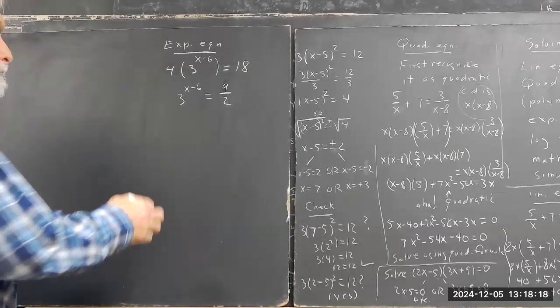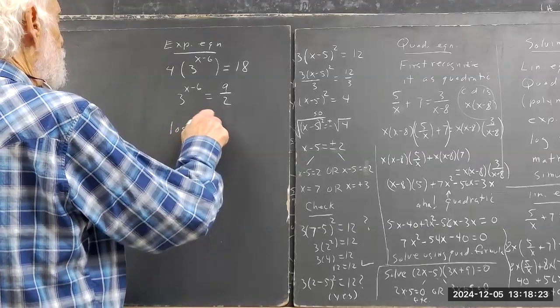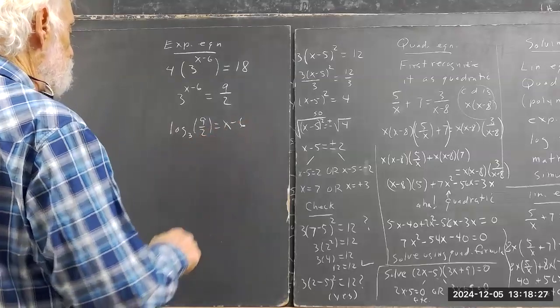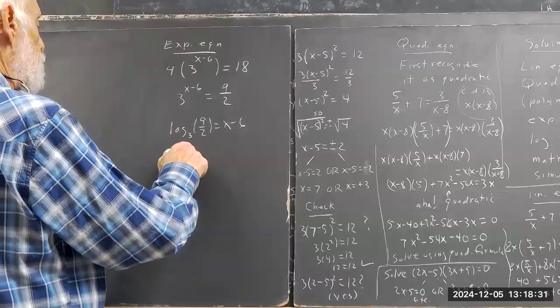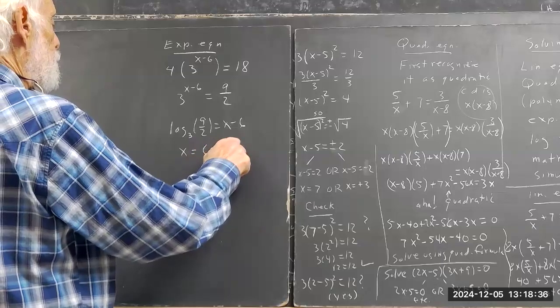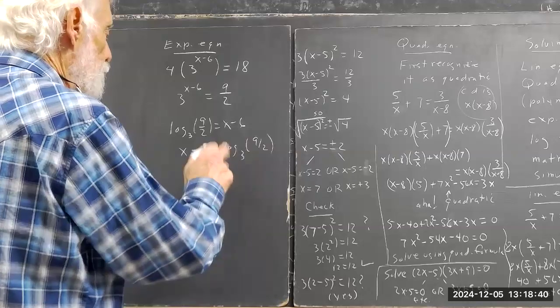And now we change this to logarithmic form. We get log base 3 of 9/2 equals x minus 6. So x equals 6 plus log base 3 of 9/2. That's your solution.